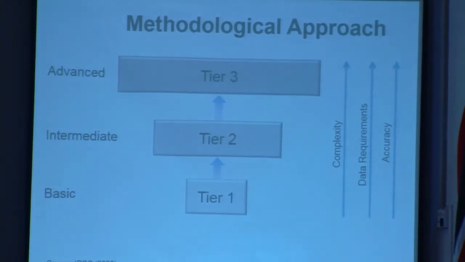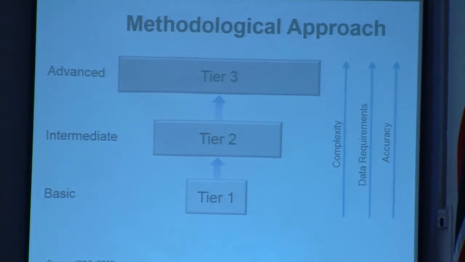A tier 2 uses country-specific emission factors. And the tier 3 approach utilizes, in addition to country-specific emission factors, the varying technologies are taken into consideration. So you go more in depth, as you would imagine, a lot more data intensive, but a lot more accurate.